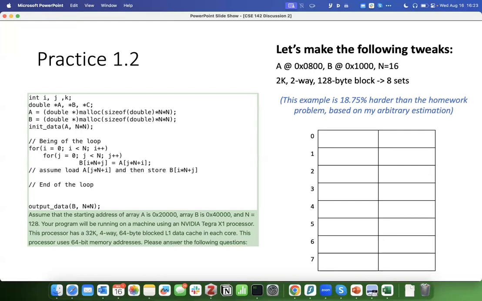For A, it's a little bit more jumpy. We start from A0, but then in the next iteration of the inner loop, we go to A16, then A32, A48, A64, and so on.